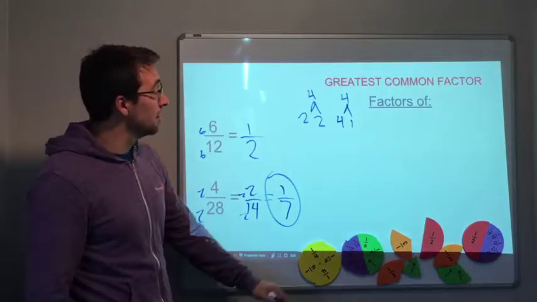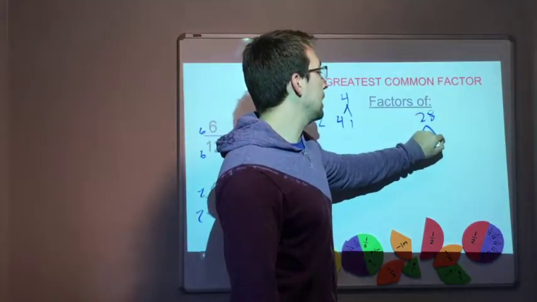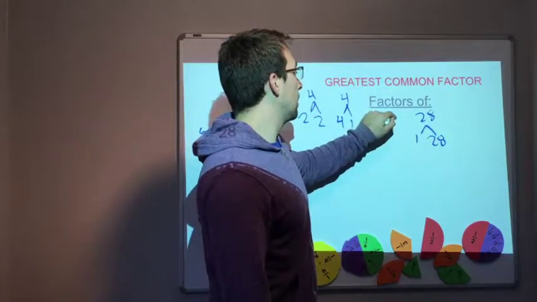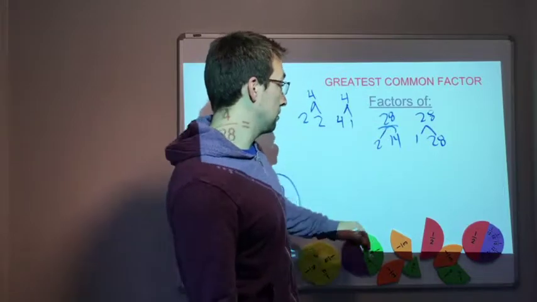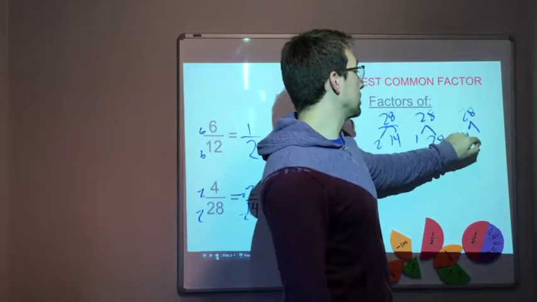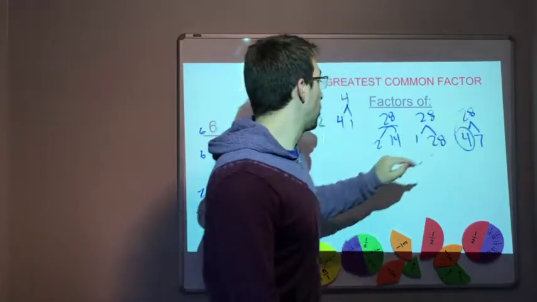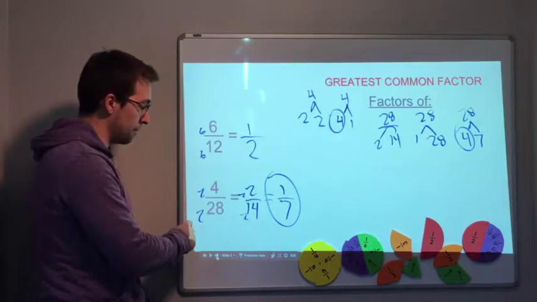Now watch this. If we had factors of 28: 1 times 28, we could also do 2 times 14, and then one more, 4 times 7. 4 divided by 4 is 1. 28 divided by 4 is 7.